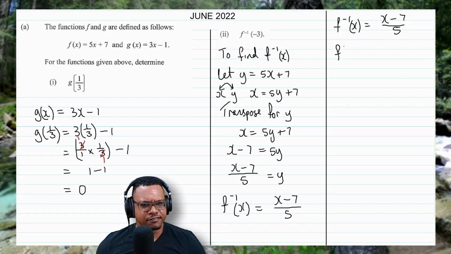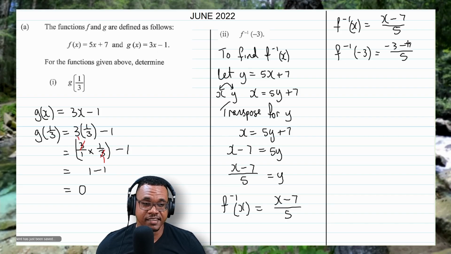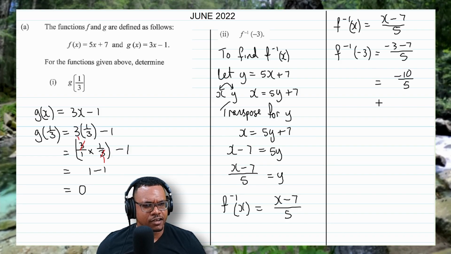So I'll have f inverse negative 3 is equal to, replace the x with negative 3, so negative 3 take away 7 over 5. So negative 3 take away 7, you add and keep the negative sign, and you get negative 10. So you'll have negative 10 over 5, and of course 5 goes into 10 2 times, and you're dividing a negative by a positive, so you're going to get negative 2. And that's your answer for f inverse negative 3.